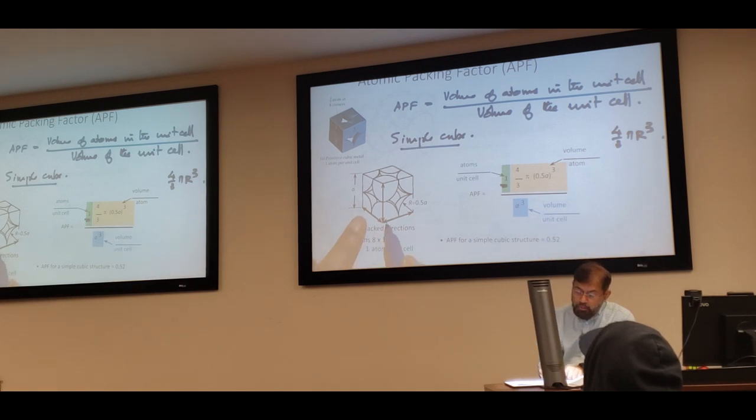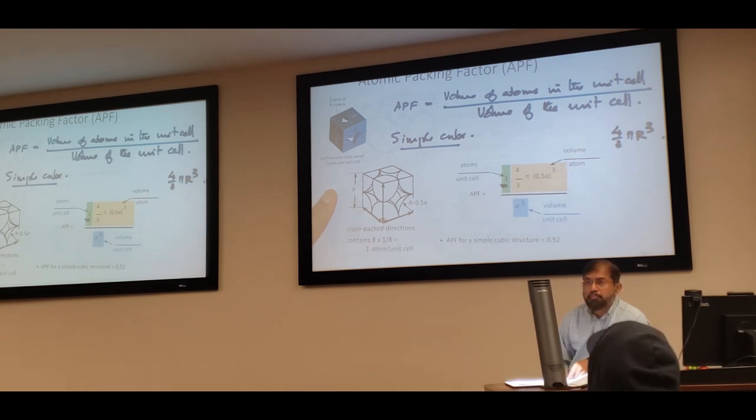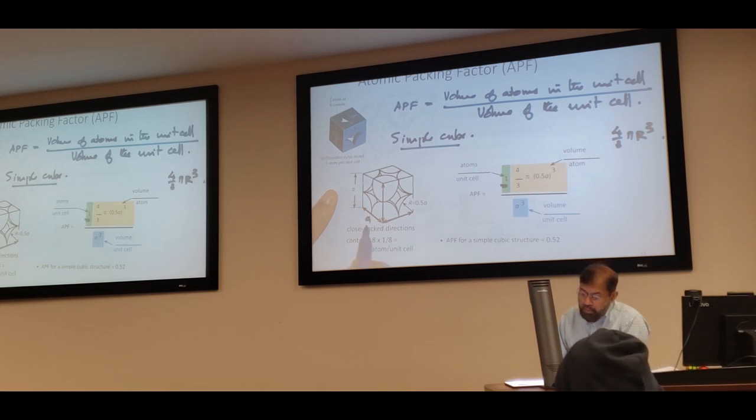But if you look at this unit cell, you can see that these two corner atoms touch each other along that edge. So this is A. I said previously A is called the unit cell parameter, that's the side length. This is A, and therefore we can write that A is equal to 2R, because this is the radius of one atom, this is the radius of two atoms.